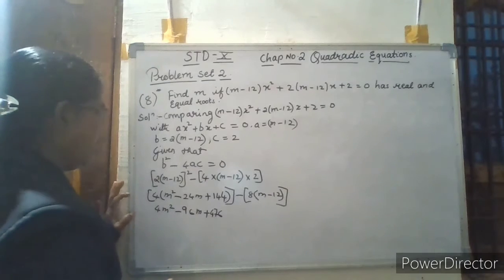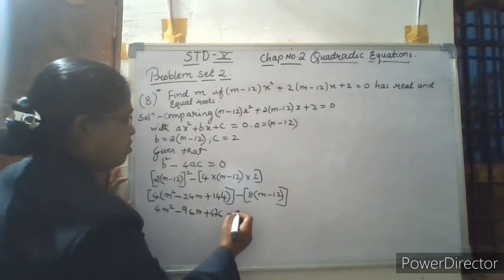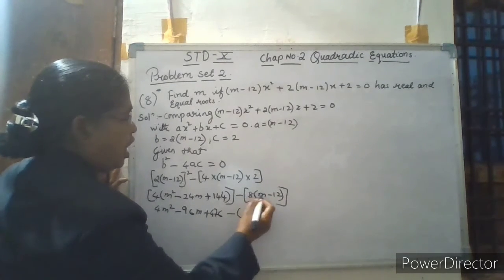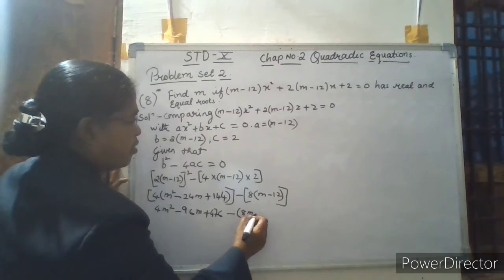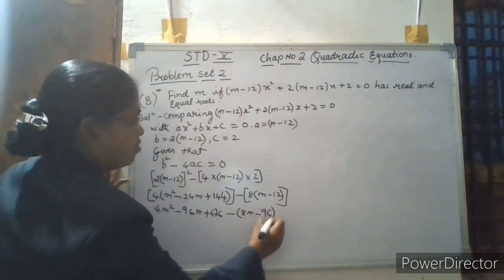We got it like this way. Now, minus this in the bracket, multiply this: 8m minus 12 8s are 96.